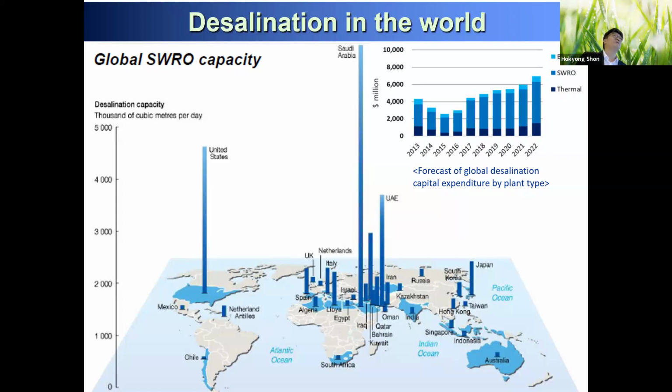unsustainable water resource? Desalination is becoming more and more important because a lot of people try to live near the seawater because you can enjoy entertainment like a beach. Also, you can have swimming, surfing, seafood. What else?